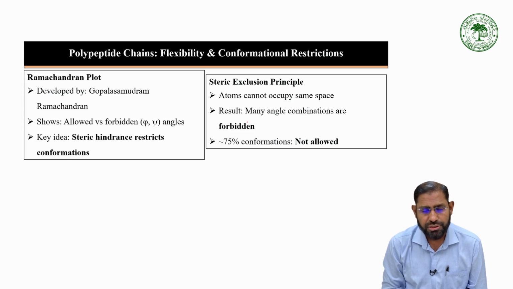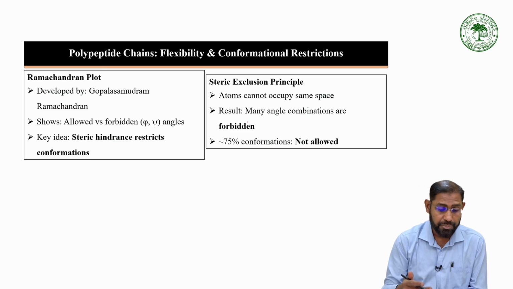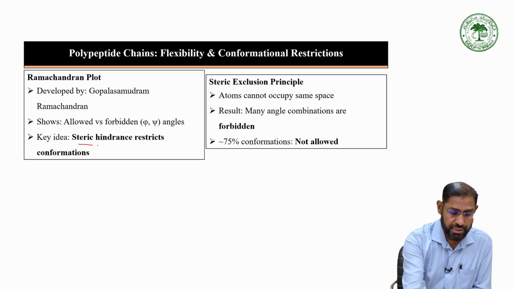To understand the rotation or different conformations, we study the Ramachandran plot, developed by Gopalasamudram Ramachandran. It shows what the allowed conformations of the polypeptide chains are and what is forbidden, based on their phi and psi angles, mainly restricted by steric hindrance.